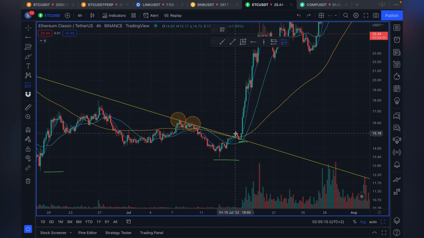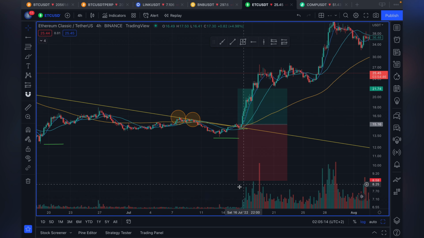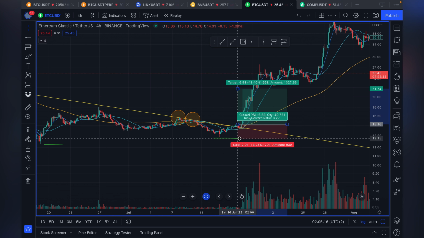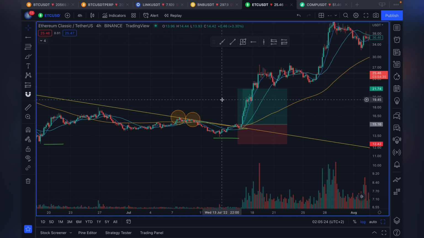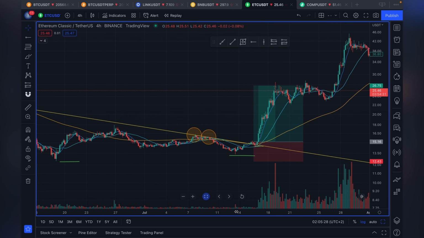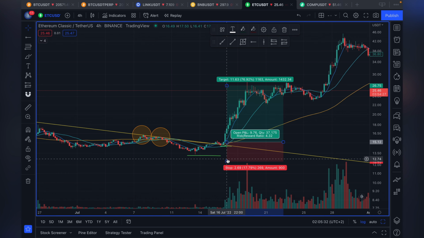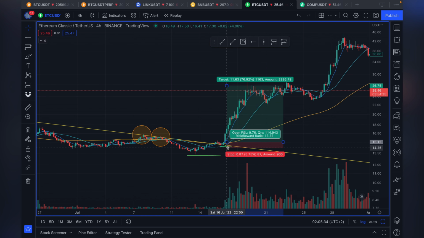You can enter this position in this way. For example, you can enter on this candle and put your stop a bit lower than this. That would be the aggressive way, and under this low would be the more conservative way. And wait. Or you can enter after this retest and put your stop above the retest.